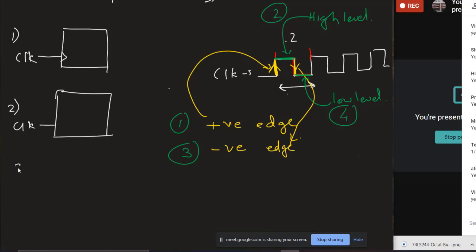Bubble with triangle, please remember this. This represents the negative edge. And in case four, that is low level, you could have guessed what it should be. Line with a bubble. These are the four different ways of representing the clock.